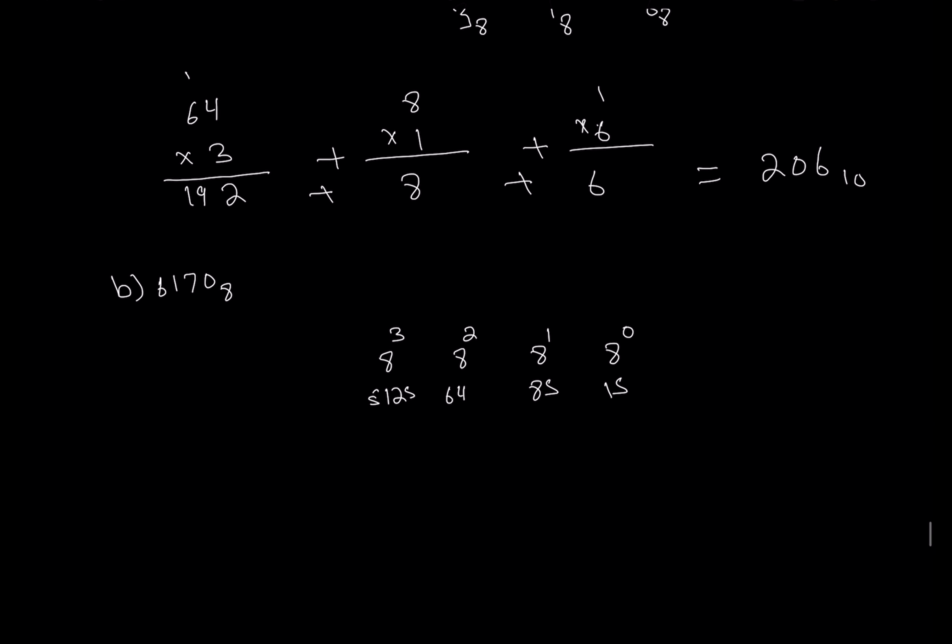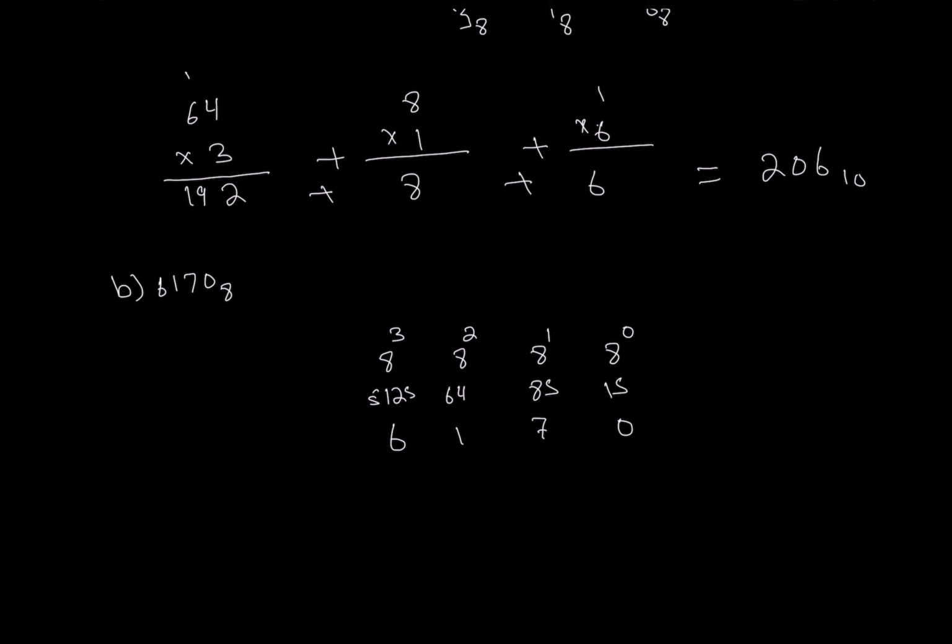Then you write down each individual number below it: 6, 1, 7, 0. The next step is to multiply these numbers by their placing values.